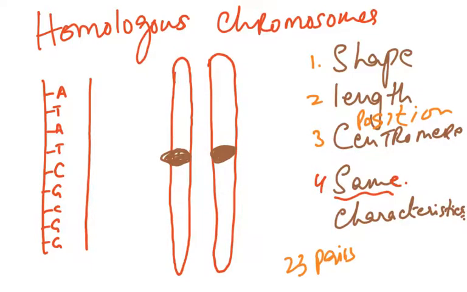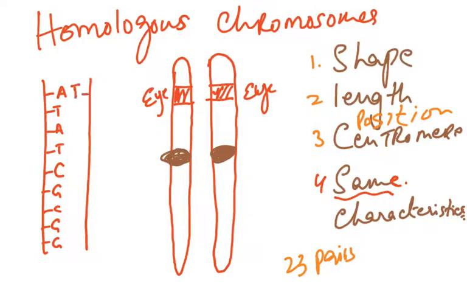Like for instance, say this is eye color. It's very basic, and so you would have eye color here as well. Now please remember, when we're talking of chromosomes, we're talking of bases, and we're talking of the base sequence.